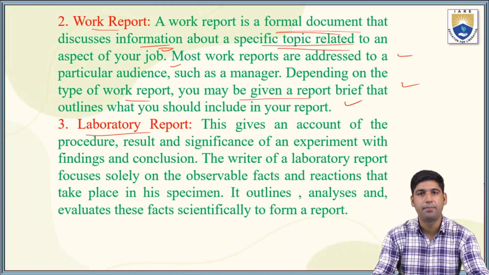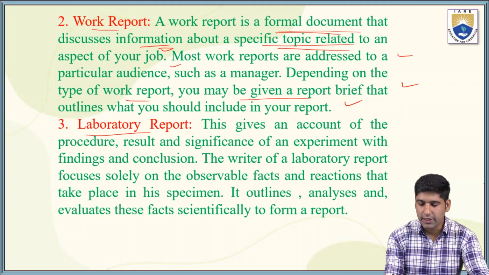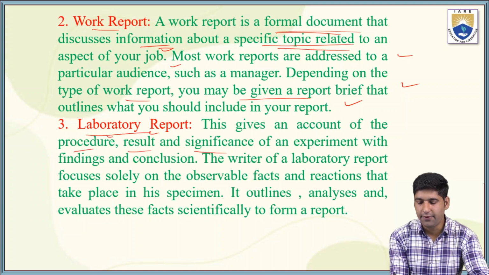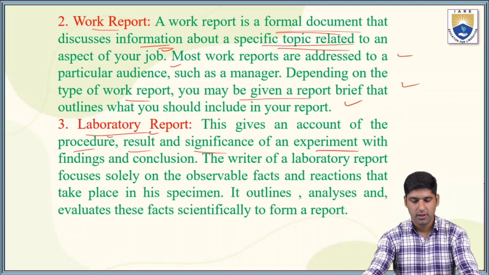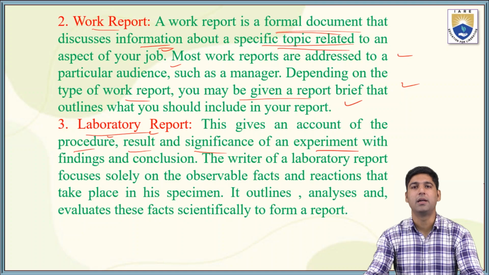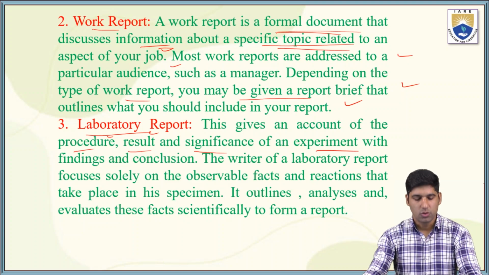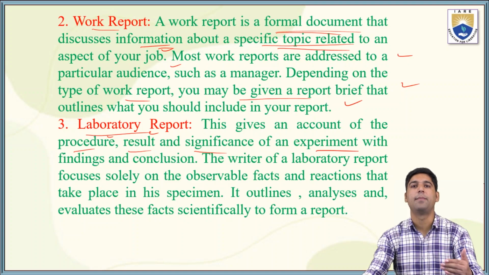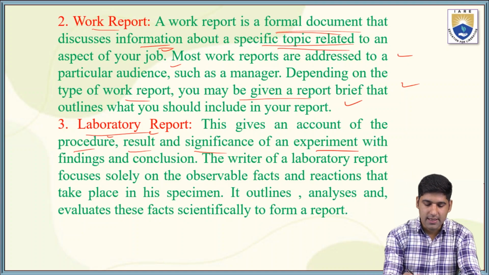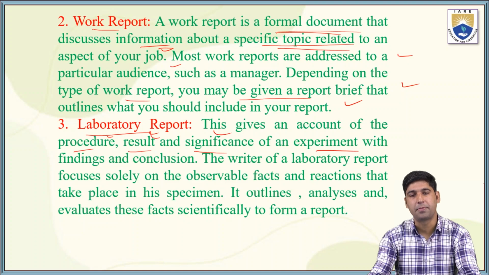Then we have the next one, laboratory report. What is a laboratory report? This report gives an account of the procedure, results and significance of an experiment with findings and conclusions. A number of experiments are being done in the laboratories. So this type of report talks about the procedure of that particular experiment, the result and significance of that experiment.